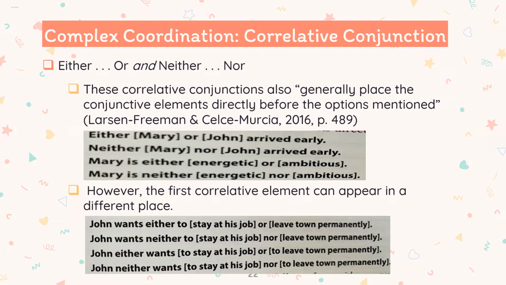You could also say John either wants to stay at his job or to leave town permanently, or John neither wants to stay at his job nor to leave town permanently. So you can see that the correlative element can appear in a different place. We're looking specifically here at either, neither, and you can see that they're in different places of the sentence.